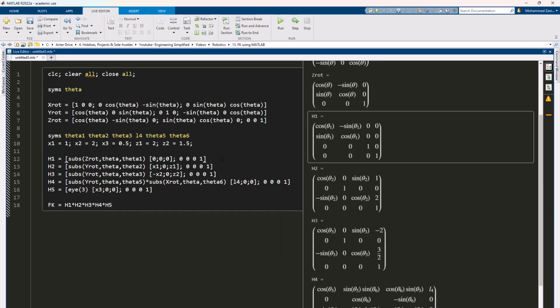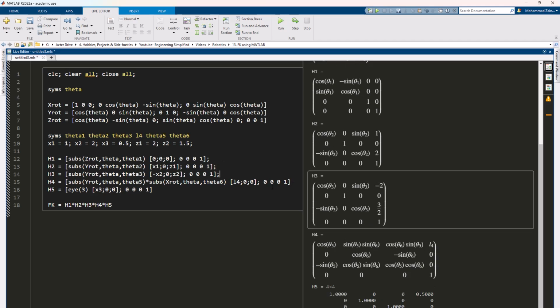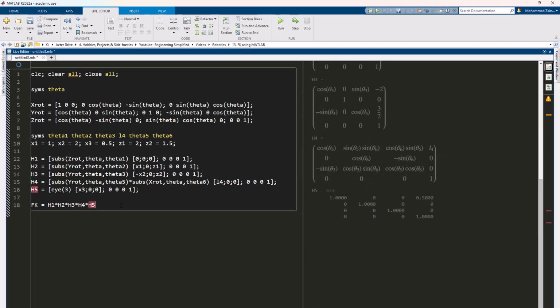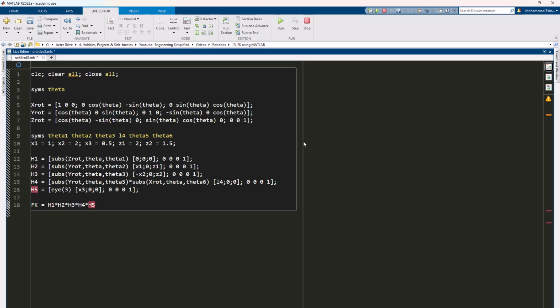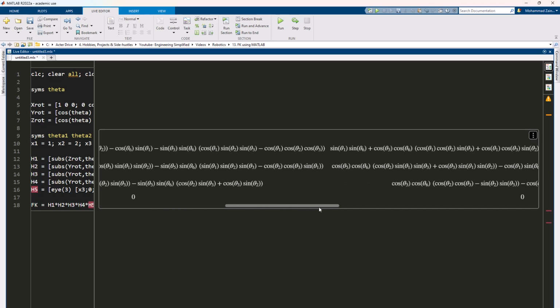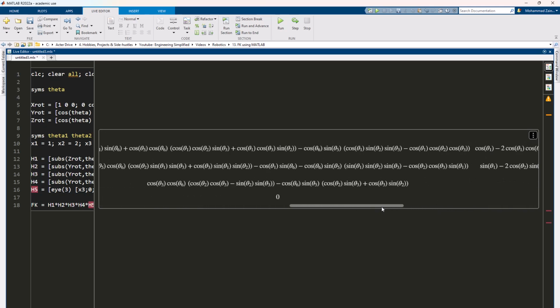So I'm just going to write semicolon after this so they don't show up on the right. And now when I run this, I'm just going to see the forward kinematics, which is going to be a big matrix. So this is my forward kinematics. Okay, so this is a forward kinematics.